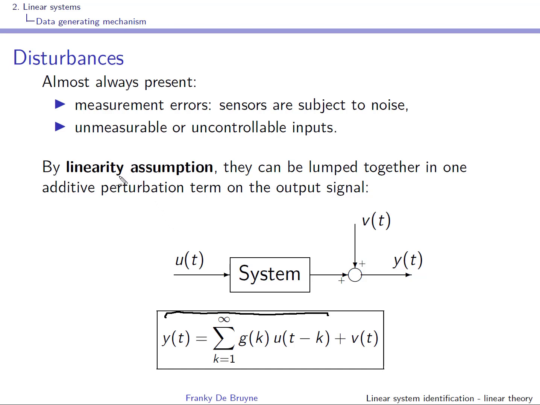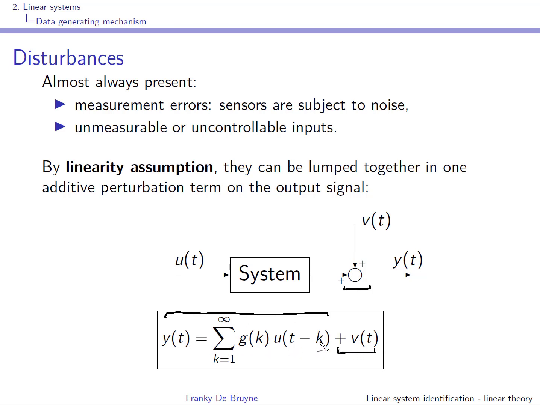Well, since we're working with linear systems, what we'll do is lump all these effects together in one additive perturbation on the output of the signal, and this is what you're seeing over here and what you're seeing over here.